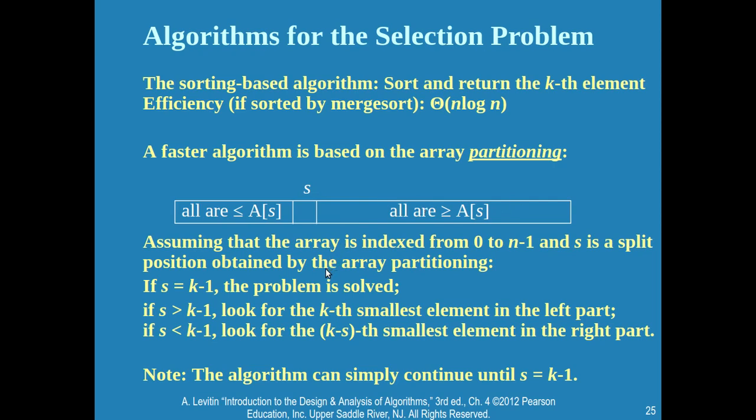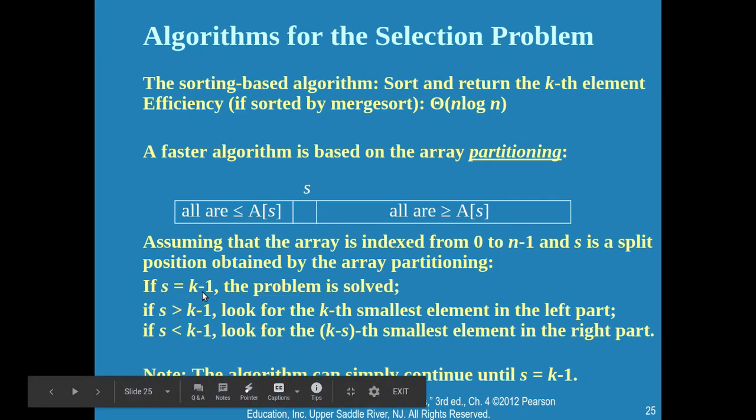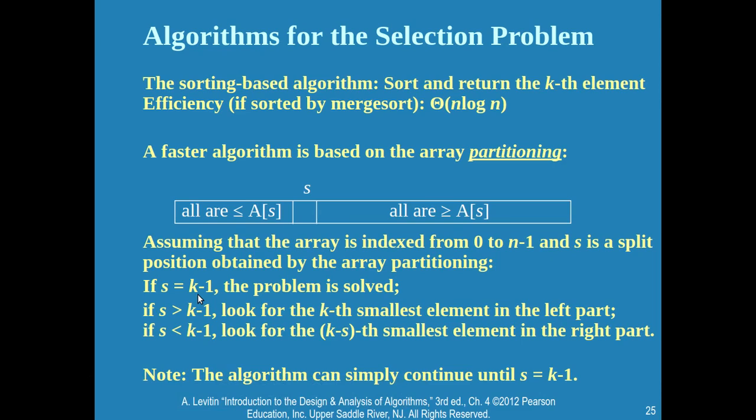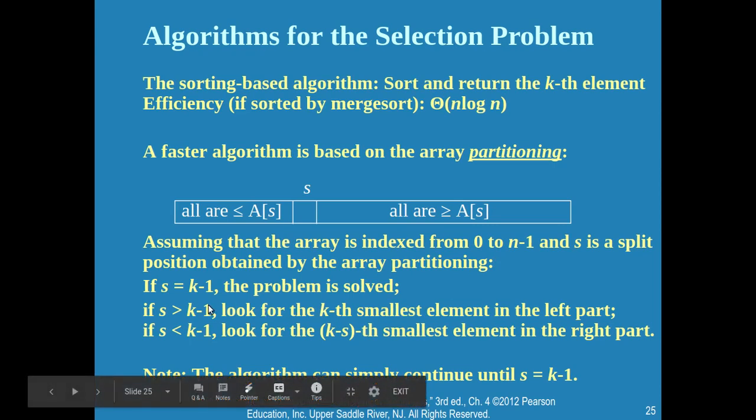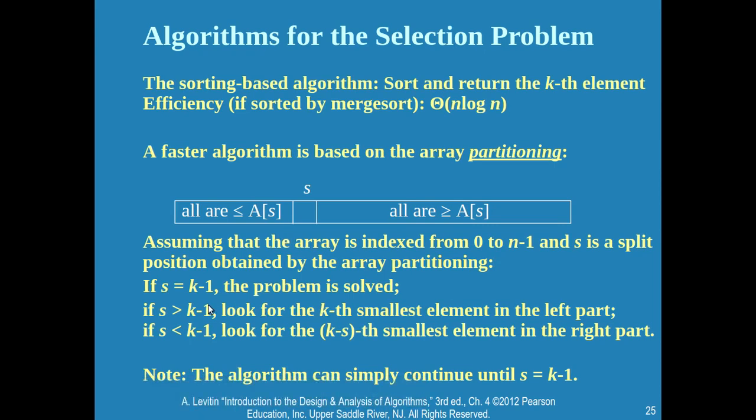So if we assume this structure, when we are looking for our kth element, if s is equal to k minus 1, let me see, why is this equal to, because we're indexing from 0, okay, fine. But basically, if s is equal to k, so you found your kth element, then you're done.